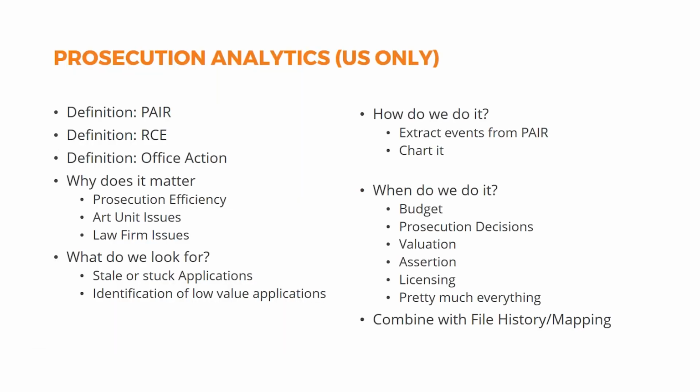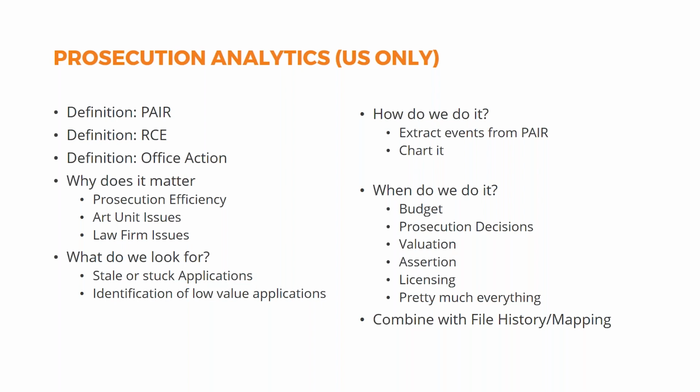So, prosecution analytics. This is a really interesting and, I think, burgeoning area that not a lot of companies do, so let me spend a little more time on this. I already know we're going way over our time right now, so I'll continue to hurry. PAIR is the legal status system of the USPTO, where they publish all the information and legal status around an application that is public.